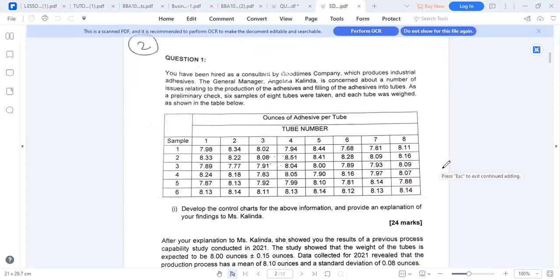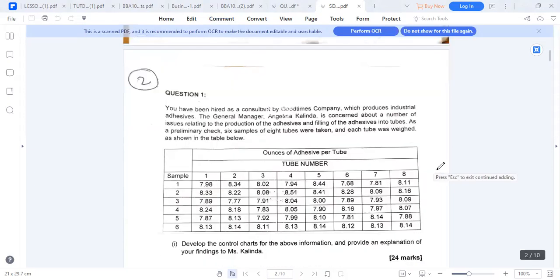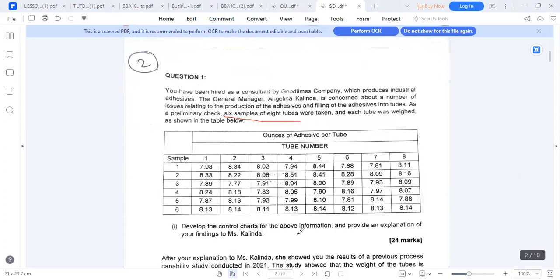All right, so they have told us about the number of issues relating to the adhesives and the 6 samples of tubes. So develop the control charts for the above information.